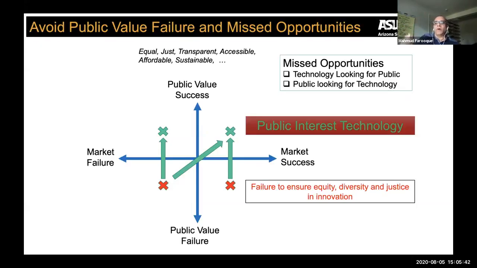So can we do both? Can we have market success and also public value success? And can we also take care of those missed opportunities where we have technology looking for society? Okay, we have this thing, what do we do with it? And then the public is asking for something and nobody is building. So these two types of things we can address by engaging with the public.